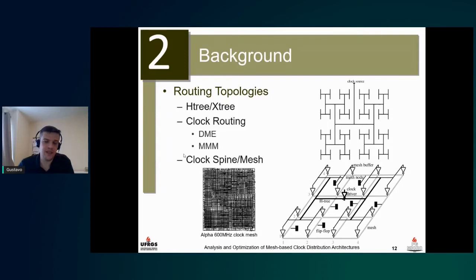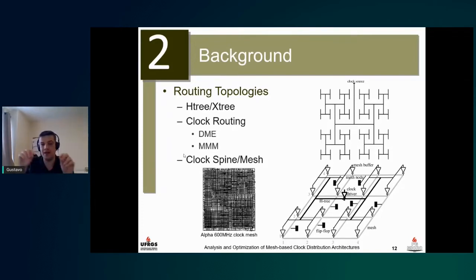So a clock spine would be the same as a clock mesh. The only difference is that a spine usually is one-dimensional, so it's easier to design when we don't have the freedom of placing buffers in any place. For instance, if you are designing the floor plan of your circuit, and you need to distribute the clock to a module where you don't have the freedom to put buffers over the block, maybe doing a clock mesh would not be an option.